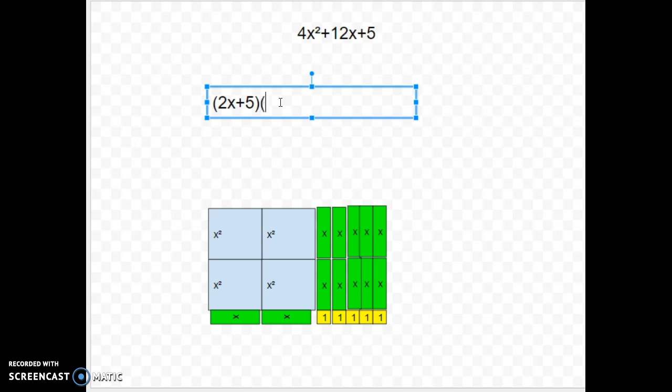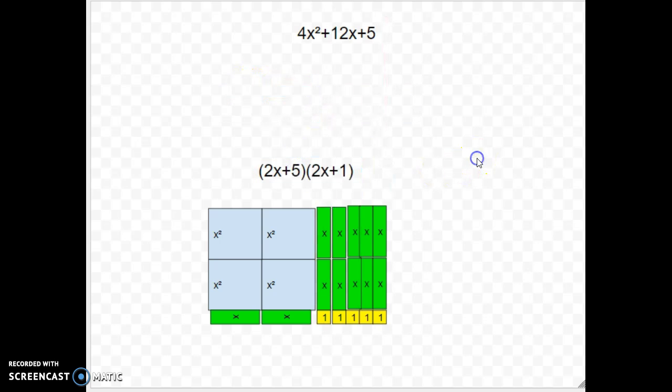Okay, now the area is 1 side times the other side. So I have this side, and then the other side is again 2 X's over here, but there's only 1 in this layer, so it depends on the angle you look from. So over here there's 2 X's, and then from the top there's 5, so 2X, and 2 X's and 1, so plus 1. Alright, that is the factored form of this equation that we found from our blocks.